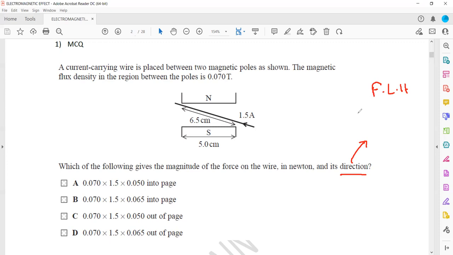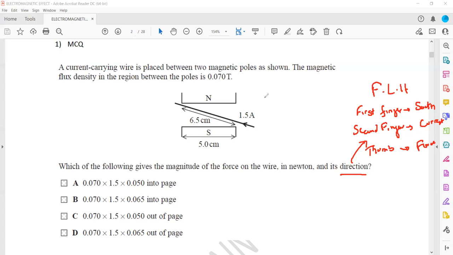So the index finger, or the first finger, represents the magnetic field, the south pole. The second finger represents the direction of the conventional current, and the thumb automatically represents the direction of the force.